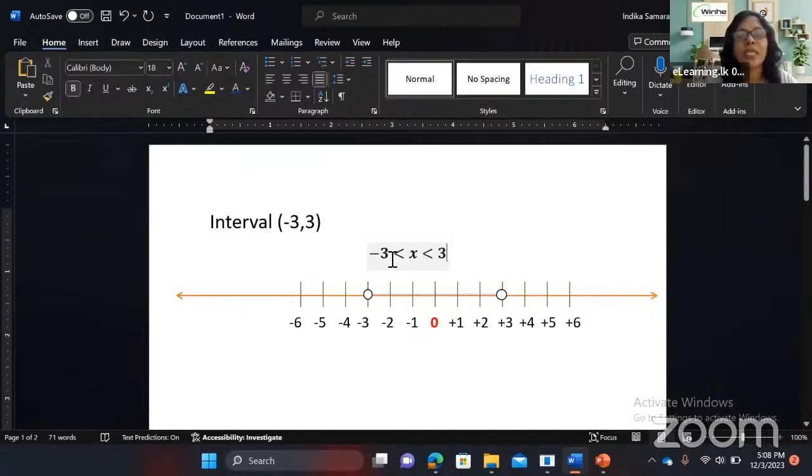That is because x is not equal to -3, but greater than -3. And on the right-hand side, x is not equal to +3, but less than +3. So x can be between -3 and +3, but not including -3 or +3. How do we represent it?